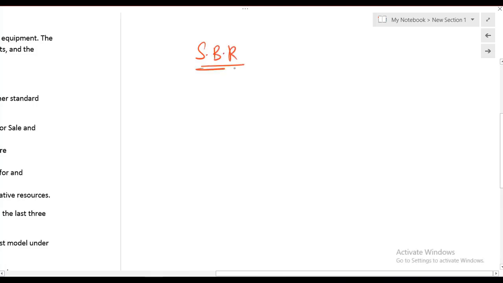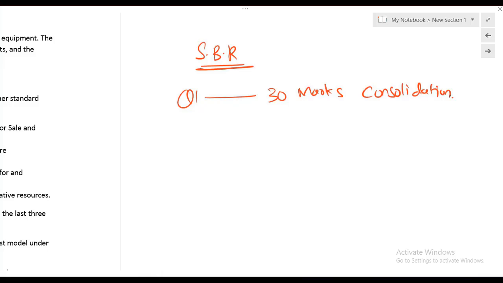In SBR, question 1 is of 30 marks. And this 30 marks question basically comes on consolidation. But a very important point, in SBR consolidation question, we are not expecting from the student to prepare entire SOFP, entire SOCI or entire consolidated cash flow.